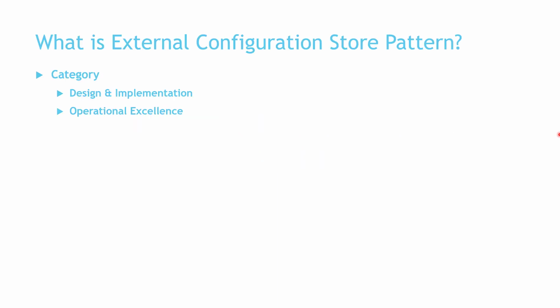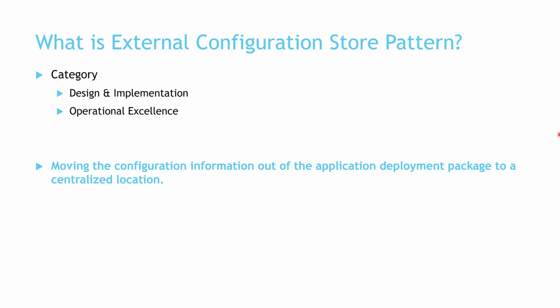This pattern comes under the design and implementation and operational excellence categories of cloud design patterns. It's about moving the configuration information out from the application deployment package. We are all aware that in Azure Functions app or Azure App Service, there are local configuration settings that you can use to define different configuration items for your application.